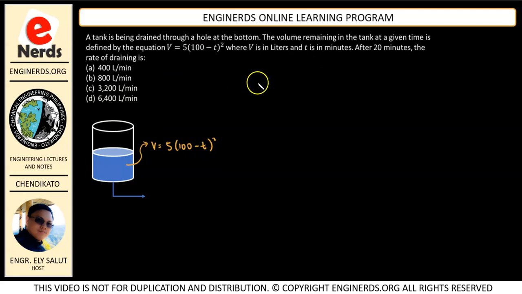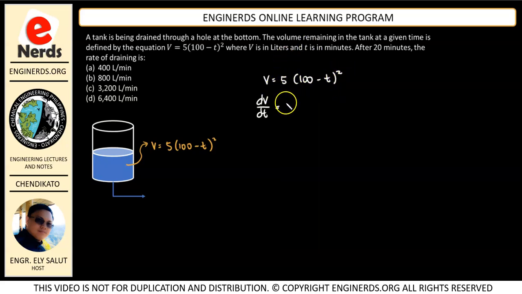Okay, so our equation here is V is equal to 5 times 100 minus T squared. So we're going to take the derivative of V with respect to T, no? So we will have dV over dt, which means that we will have the differential of volume over the differential of time, which is equal to the derivative of 5 times 100 minus T squared with respect to time.